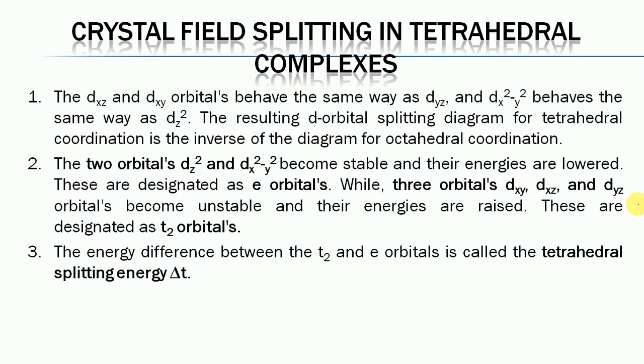So in case of tetrahedral complexes, the dxz and dxy orbitals behave the same as dyz, and dx square y square behaves the same way as dz square.